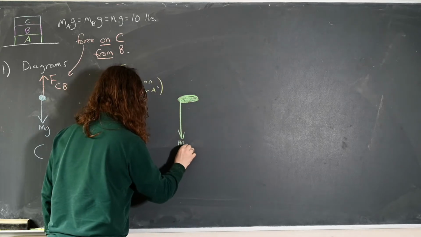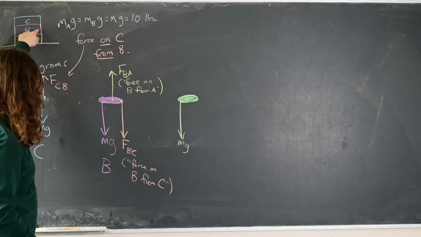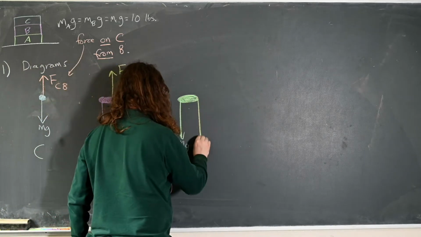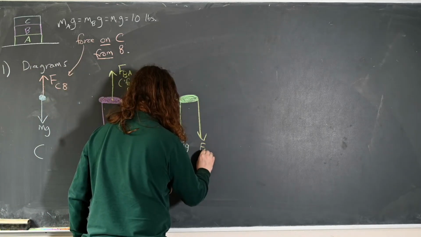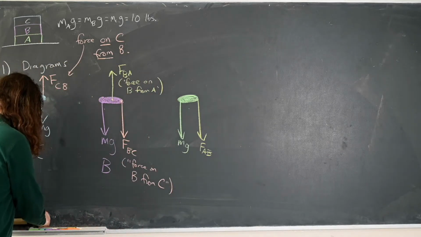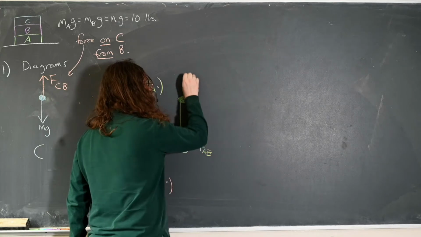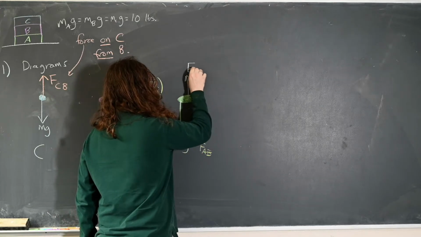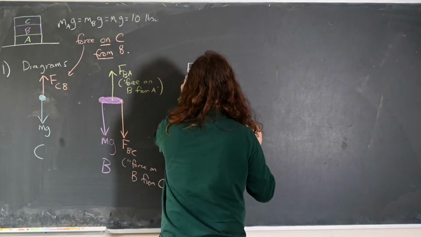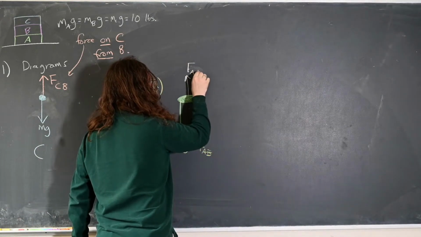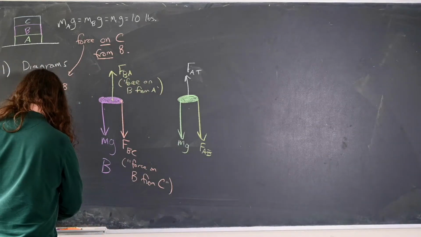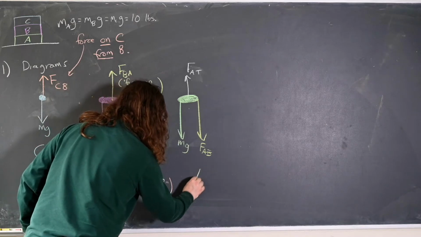It's got book B sitting on its head, so I have FAB. And then pushing up on it from the table, we'll draw this in white. FAT. Force on A from the table. And this is the diagram for book A.